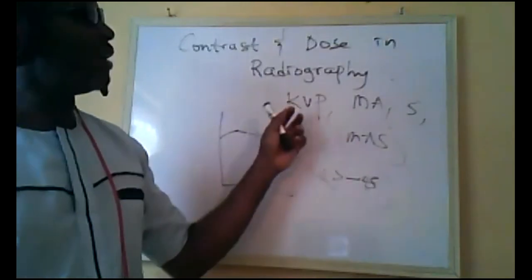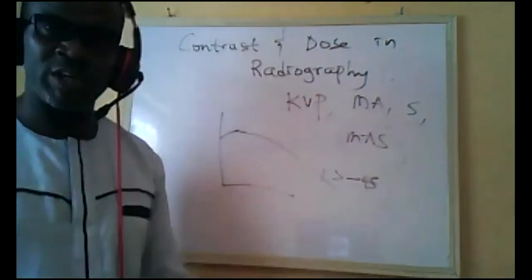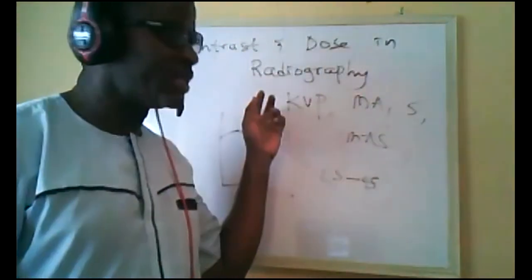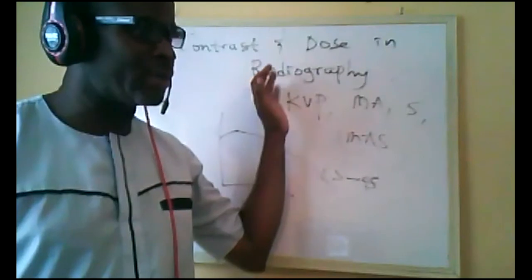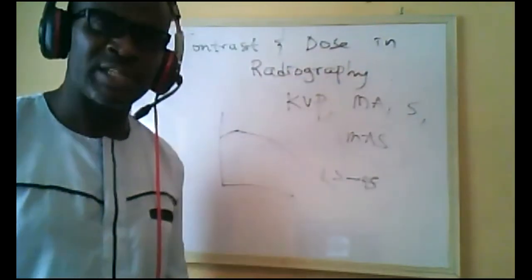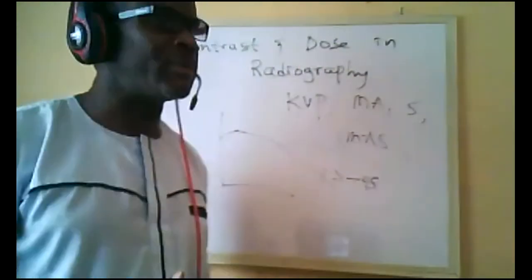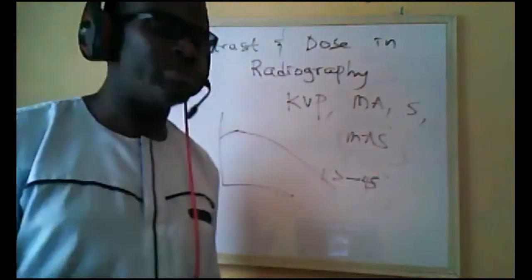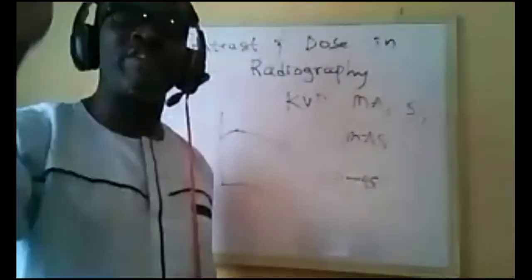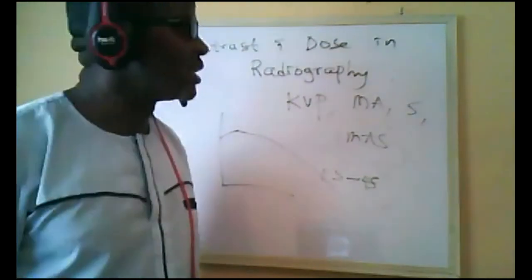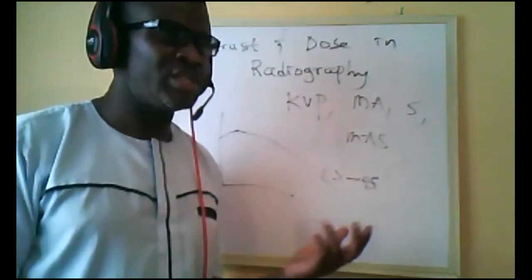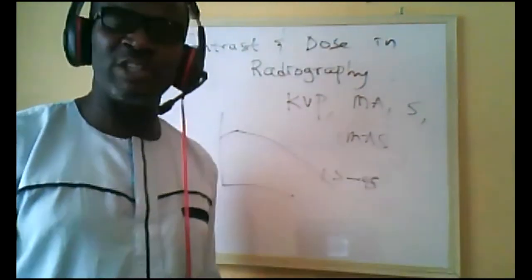A radiographer that is still new might need a technique chart close to the computer, at the console, so that when he or she wants to image a pediatric patient, we need to use a lower KVP and so on. With the technique chart close to the wall, you can see the combinations of KVP and so on that should give a very good result.